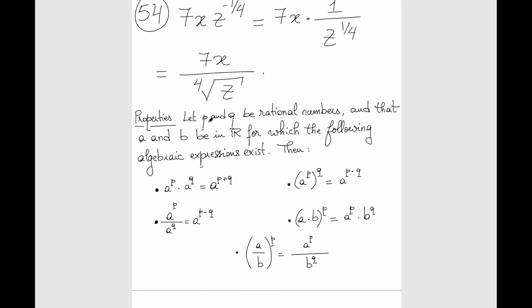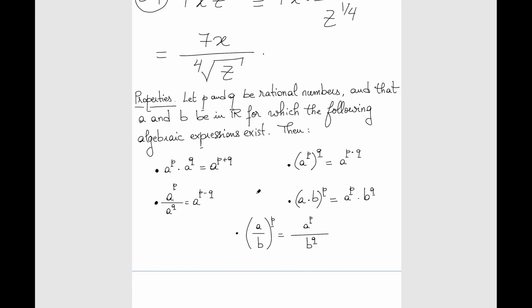So p and q, each one of them can be written as a quotient of integers, and a and b are real numbers for which the following algebraic expressions exist. Then the following hold. What you used to know when p and q were integers is going to remain true when p and q are rational numbers.